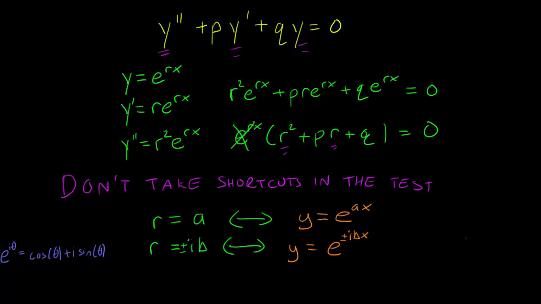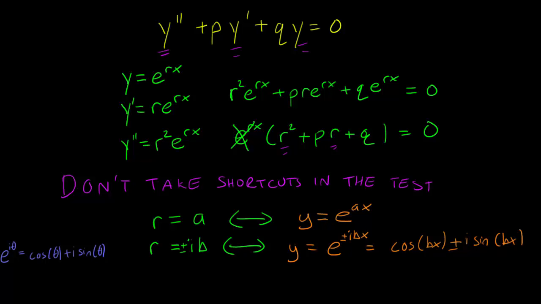And the way we rewrite it is using Euler's formula. e^(iθ) is equal to cosine θ plus i sine θ. So we know that e^(ibx) is equal to cosine bx plus or minus i sine bx.